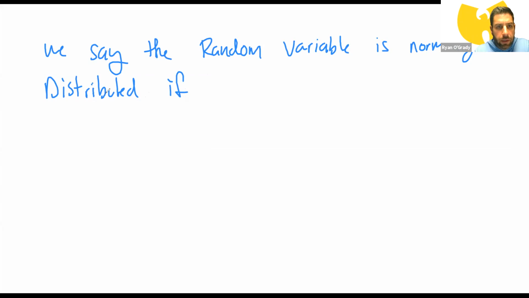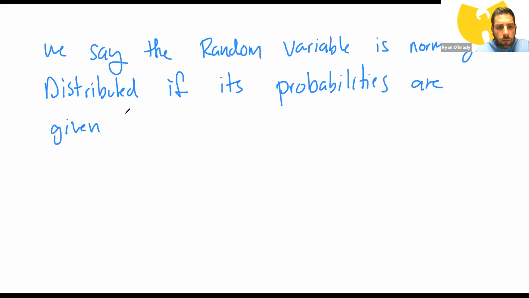We'll put it this way: it's normally distributed if its probabilities are given by the following.